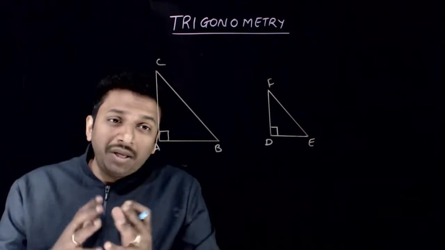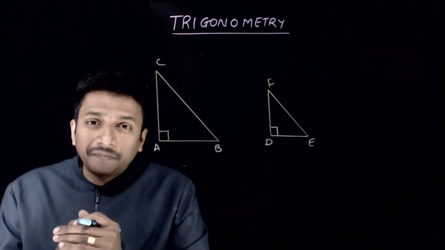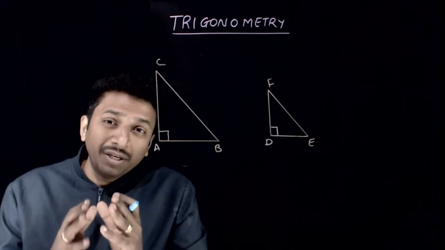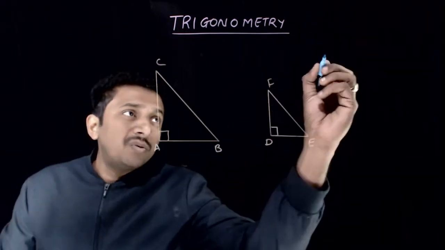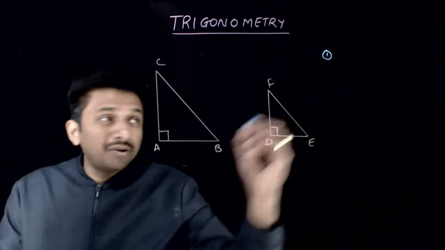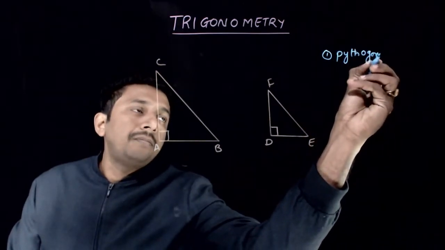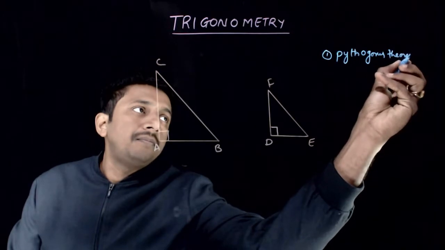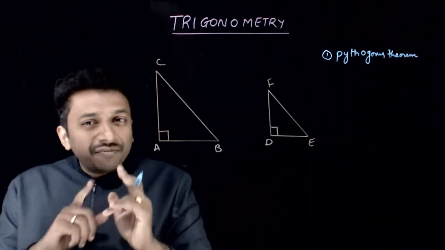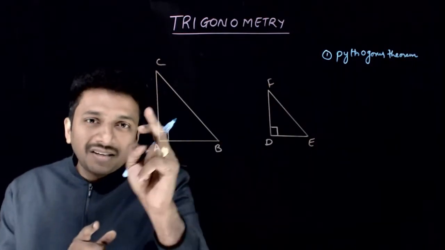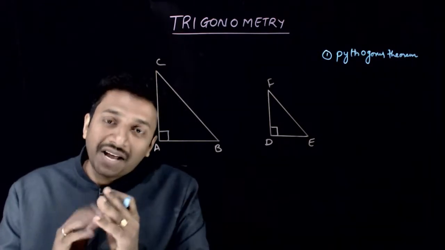So what's the beauty of a right angle triangle? A right angle triangle is beautiful in 2 ways. The first way is Pythagoras theorem. There is a very simple way in which you can relate the 3 sides of a right angle triangle.